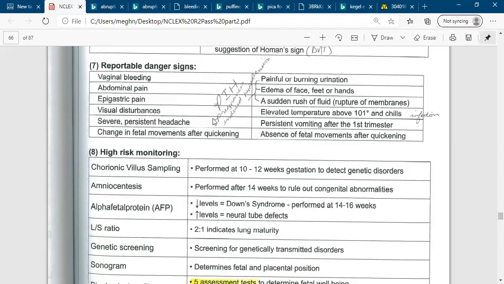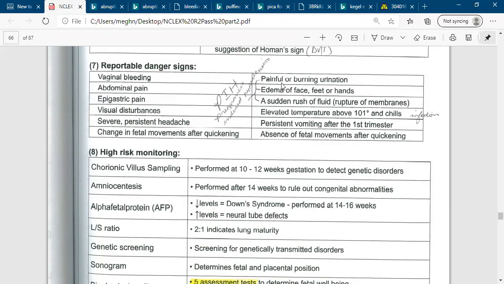If preeclampsia is not treated and presents with convulsion, this is called eclampsia. So why am I talking about preeclampsia or eclampsia? Because the presentation is sometimes hypertension or edema or puffiness in the face.